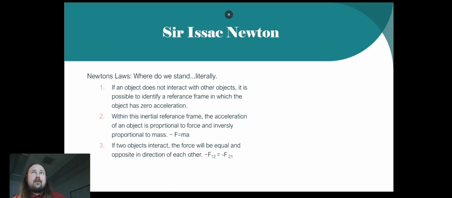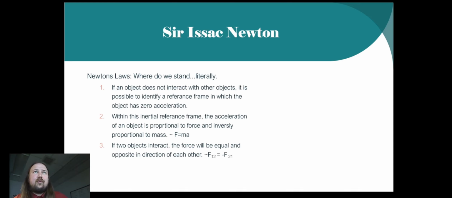All right, for the third law, we have two objects that interact. The force will be equal and opposite in direction of each other. I find this law is worded a little bit weird.